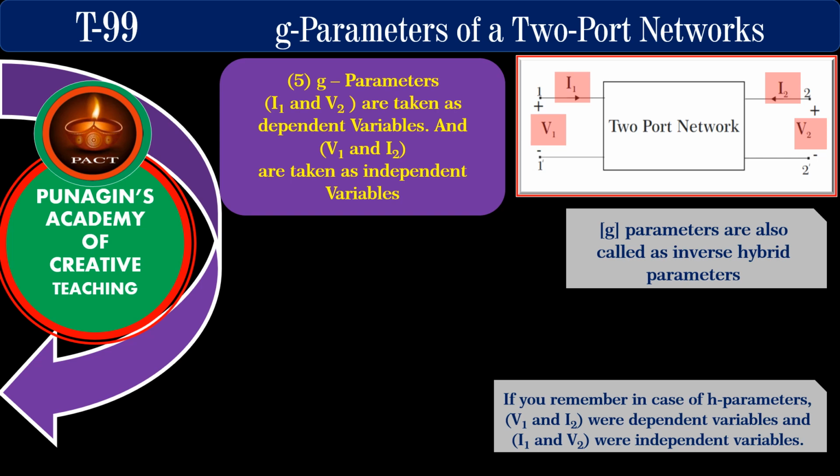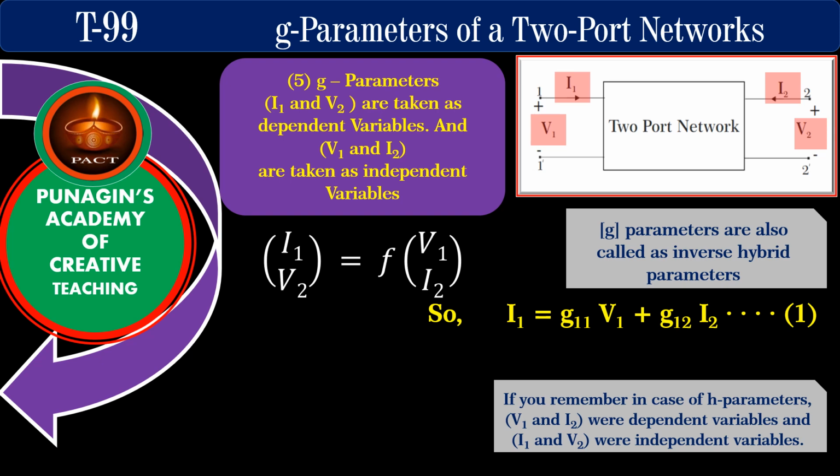Depending on the dependent and independent variables, we see that I1 is a function of both V1 and I2, and similarly V2 is a function of both V1 and I2. So, using this relation, we can write the two equations in terms of G parameters.